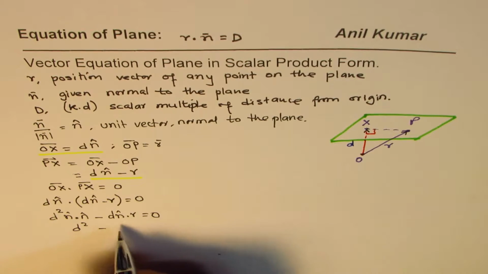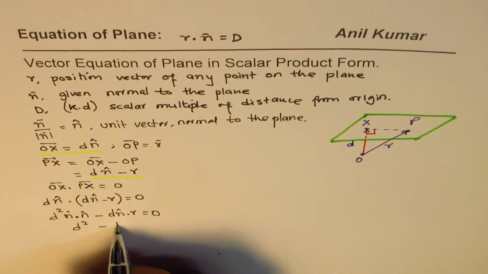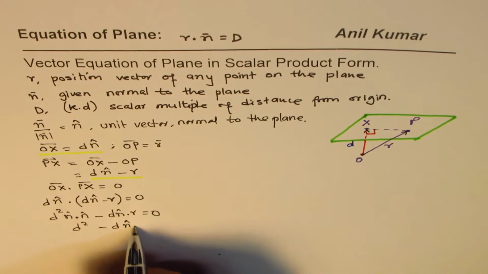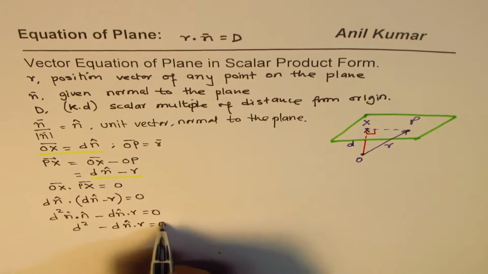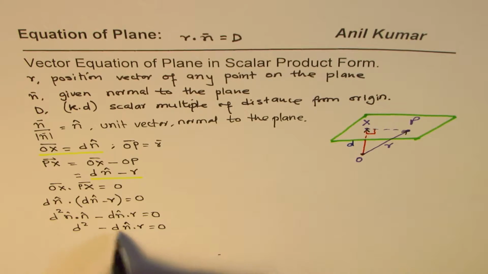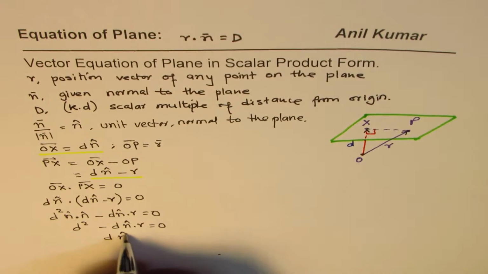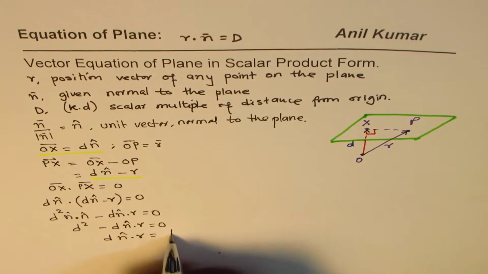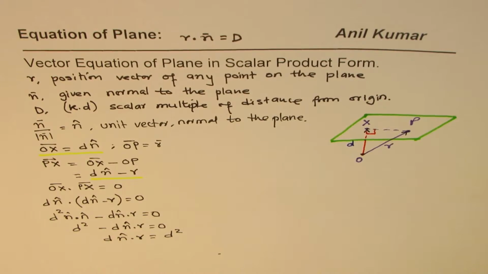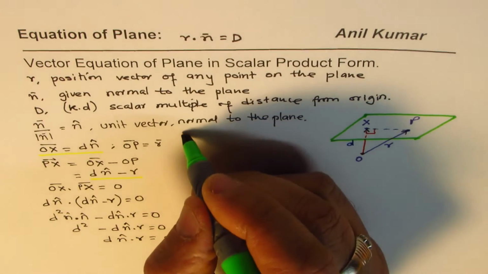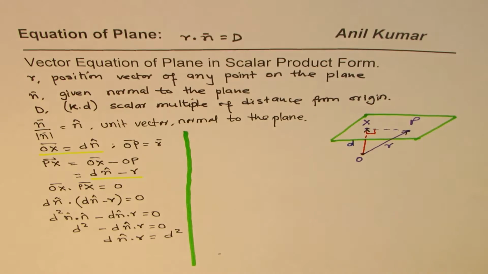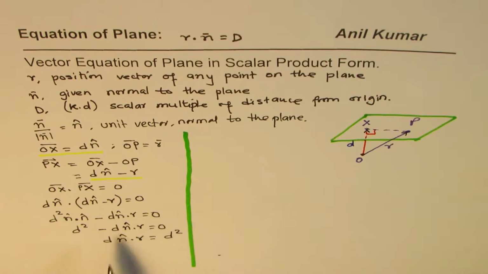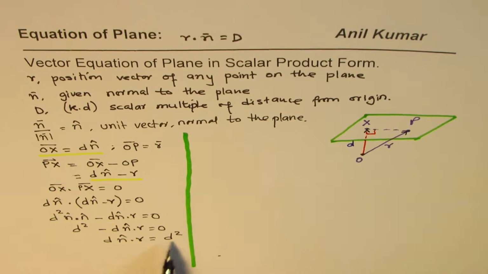minus d n dot r equals 0. Now we can rearrange it. Let me take all this to the right side and write down the relation. So d n dot r is equal to d square.